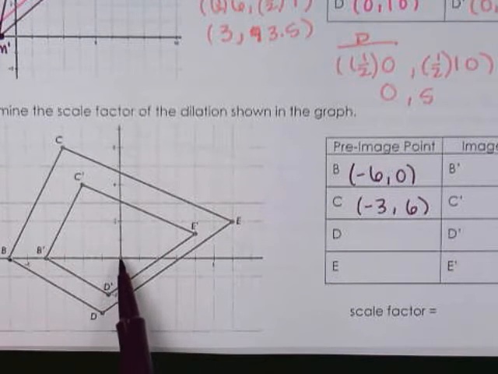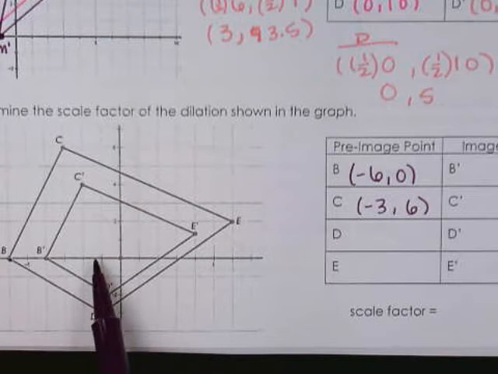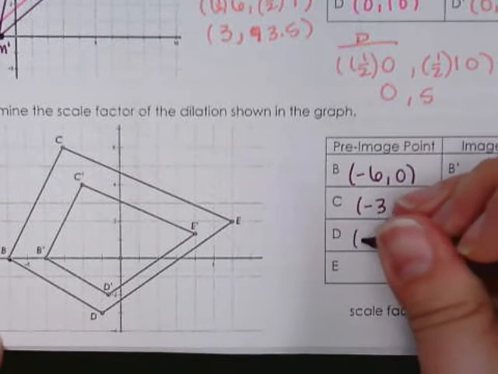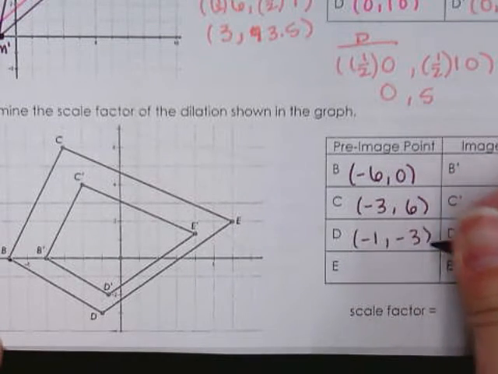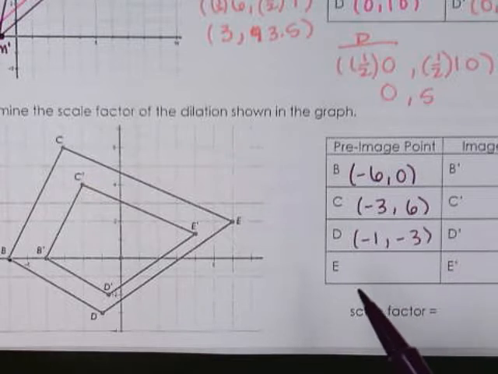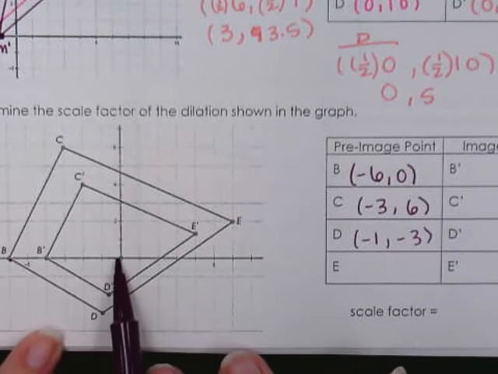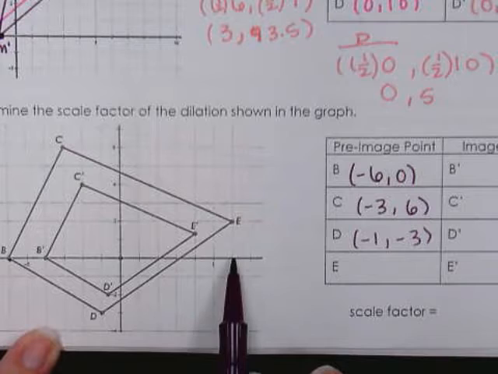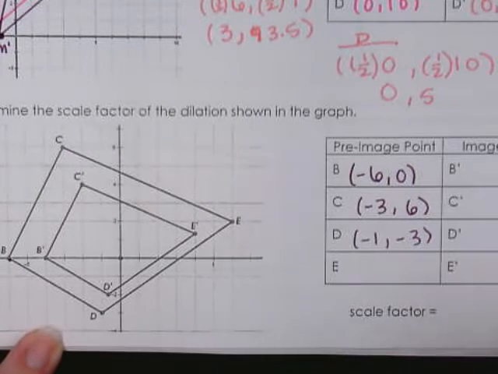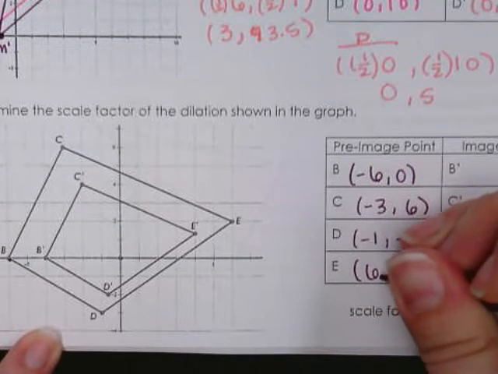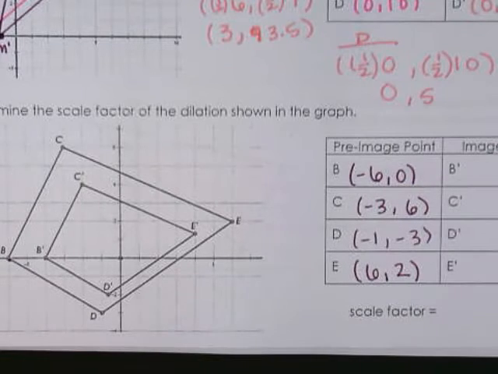To find D, I would go left 1 and then down 1, 2, is that 3? Yep, down 3. So that's at (-1, -3), x, y ordered pairs. And now for E I go over 6 on the x-axis, and then I go up 2 on the y-axis. So that's (6, 2).